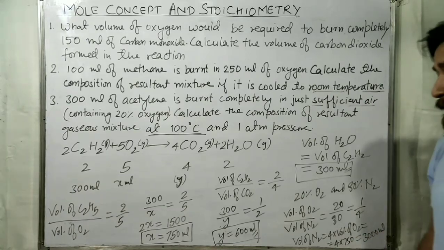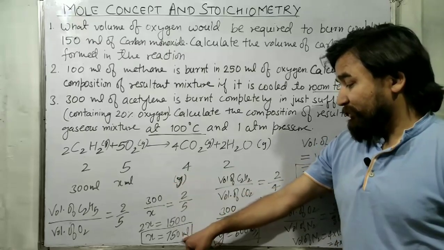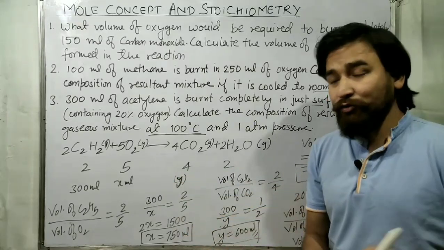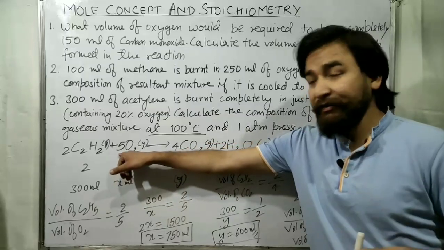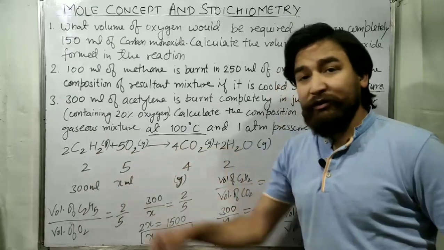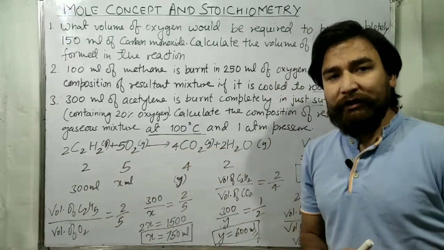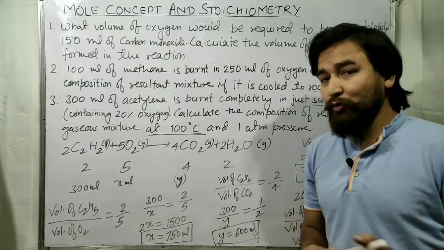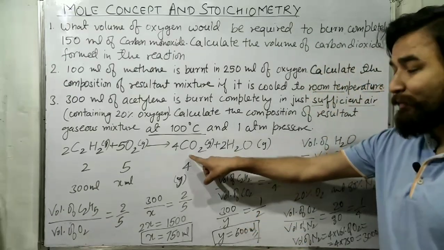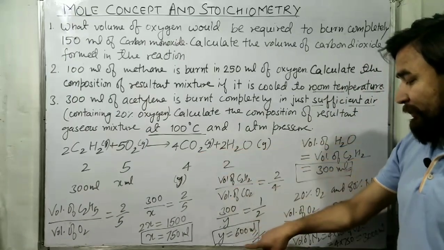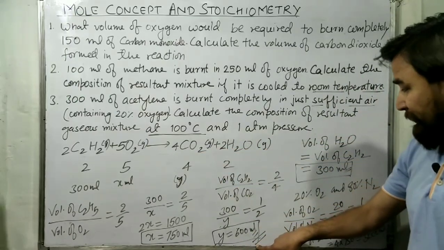Now you can see that the volume of oxygen, 750 ml, is completely exhausted because it is used in the chemical equation. Reactant is completely consumed. Also this 300 ml of C2H2 is consumed in the chemical equation because the reactant is consumed and product is formed. So what will be left? Only the product will be left, that is carbon dioxide. The volume of carbon dioxide is 600 ml.